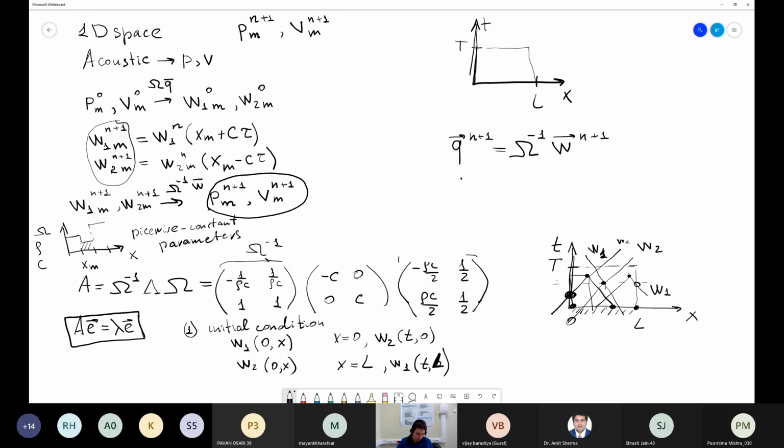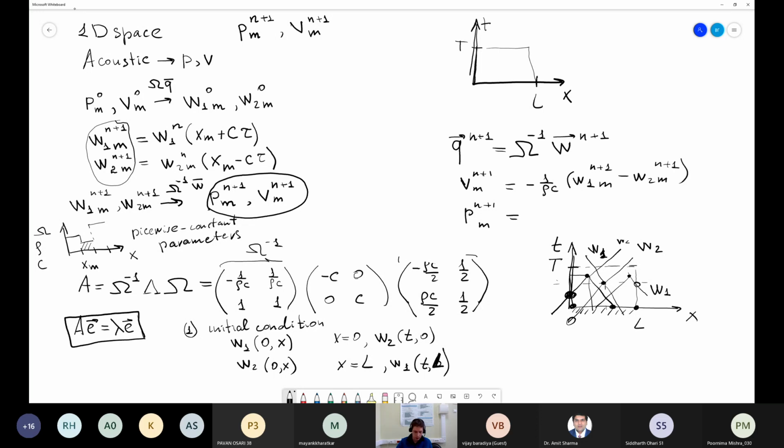V and P, initially V, then P. V n plus 1, P n plus 1 is equal to minus 1 divided by rho C, omega 1 at some point, n plus 1 minus omega 2, the W2, m, n plus 1.